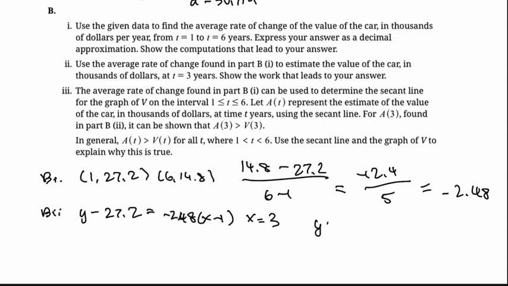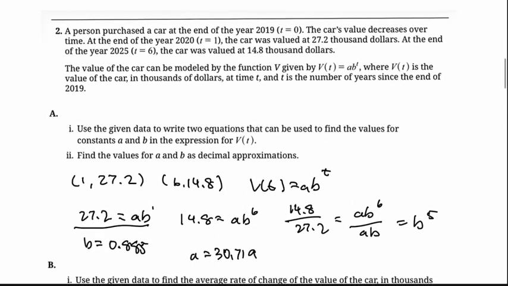So we get y equals negative 2.48 times 2 plus 27.2. And that equals 22.24. And that means the value of the car is $22,240,000.